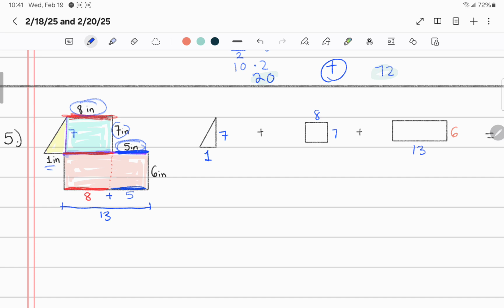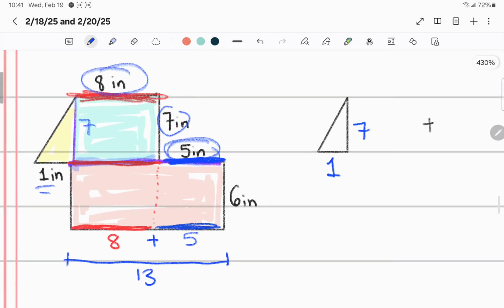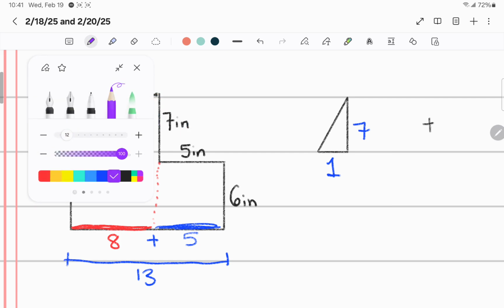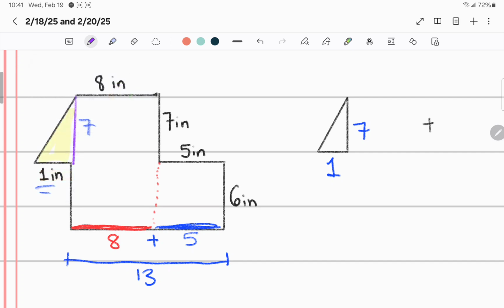Okay, so again, guys, let me go back over this part because you do have a practice question. Okay, let me go back over this. So I created my rectangle first, like this.